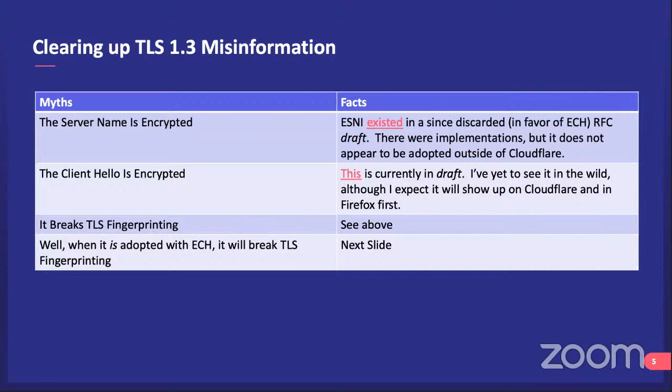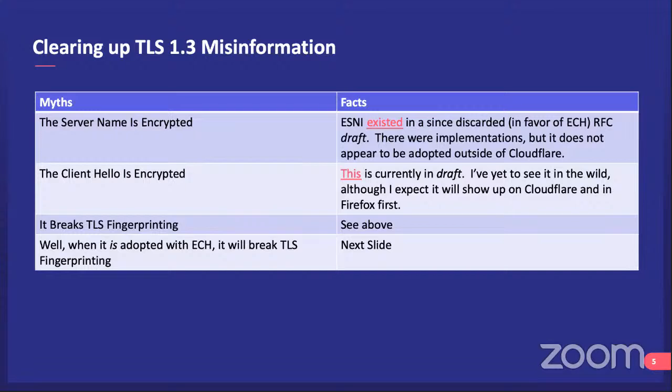Oftentimes you'll see this being pushed by vendors who are telling you to decrypt traffic wholesale. So you can see why they would want to spread that myth. But I wanted to show you what those myths are that are being propagated fairly ubiquitously, and exactly why they are myths.